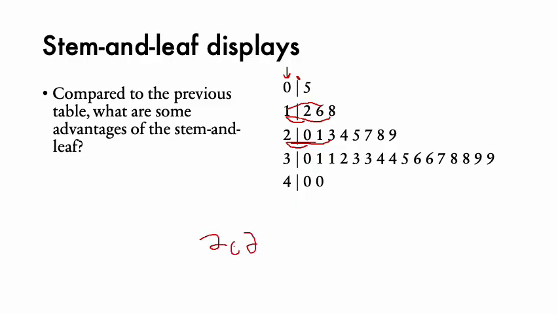A decimal's a pretty easy place to draw that, but you can imagine that if we just had numbers ranging from 5 to 99, it would be pretty easy to set this up as well, where we could put the number in the tens place on the left-hand side, and the number in the ones place on the right-hand side. So we don't just have to represent decimal data this way. We can really easily represent anything where we've got at least two digits.